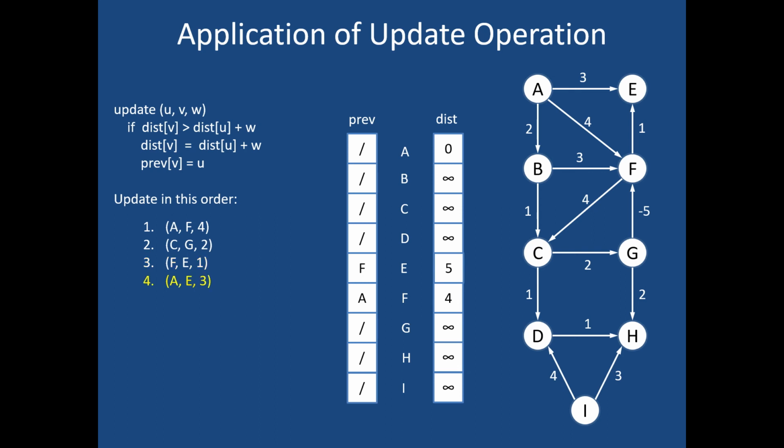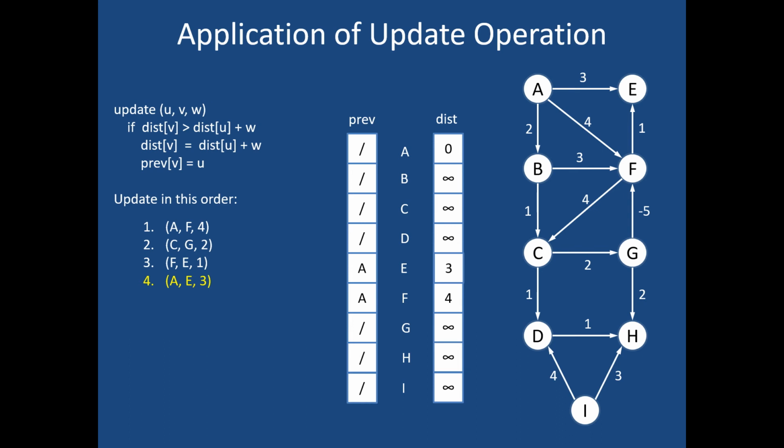And what about AE3? So this is a situation where, let's say distance to A is 0, the distance to E is 5, so no infinities involved here. The 5 is greater than 0 plus 3. So we're going to do the update. So what's going to change is the row for E, and we just found a better way.